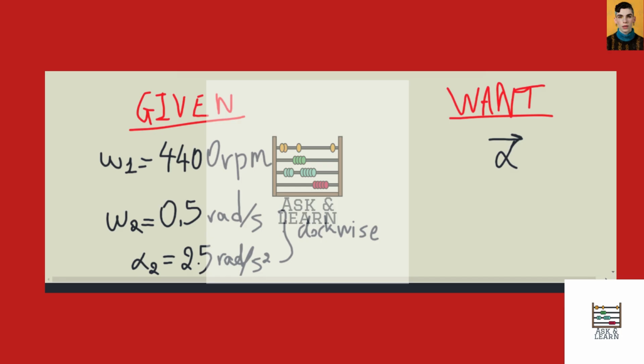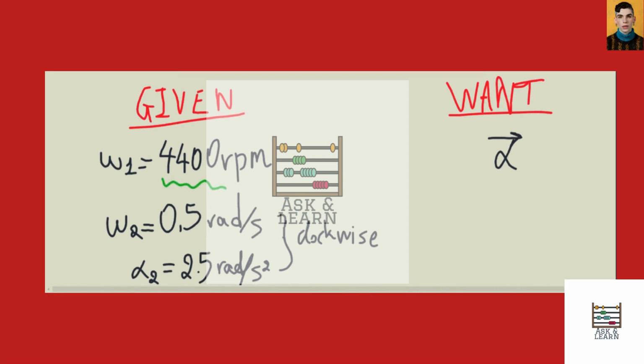So for problem 15.189, we'll be given the constant angular velocity of the disk of the portable sander. This is 4,400 RPM, rotations per minute.